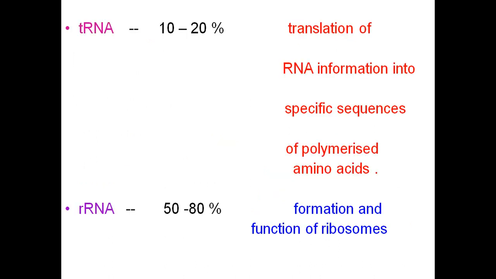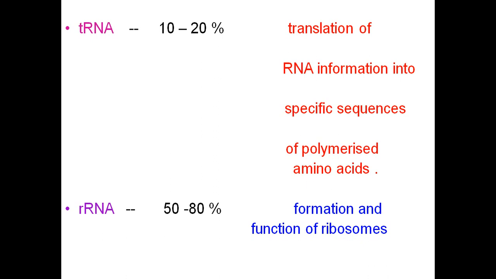Then the second type of RNA is tRNA. Its cellular composition is about 10 to 20% of the total RNA. tRNA accounts for about 10 to 20% of total RNA. The function of tRNA is translation of the information that is present on mRNA into the specific sequences of polymerized amino acids.